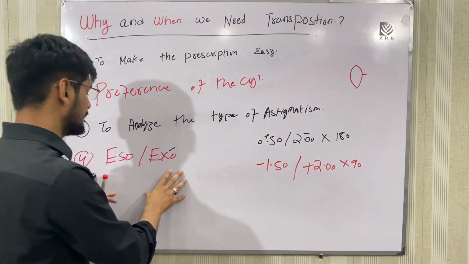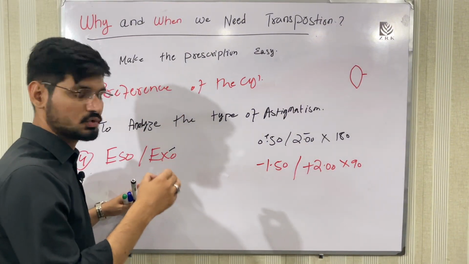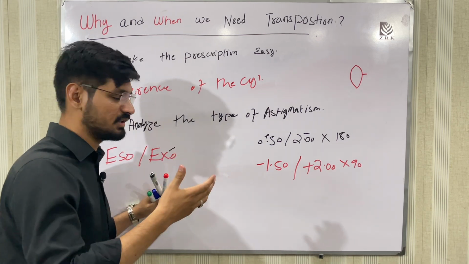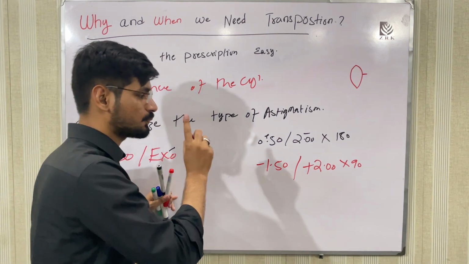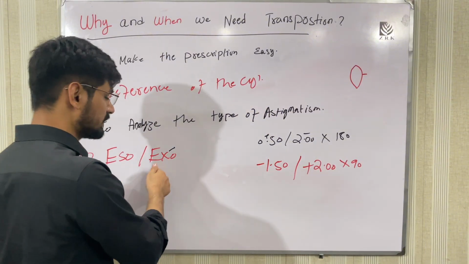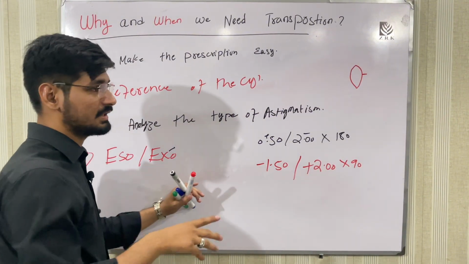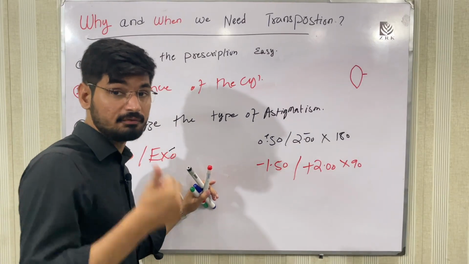So if we have a situation with eso or exo deviations, accommodative eso or exo deviations, we will transpose the prescription according to the deviations. I hope now it is clear to you why and when we need transposition.